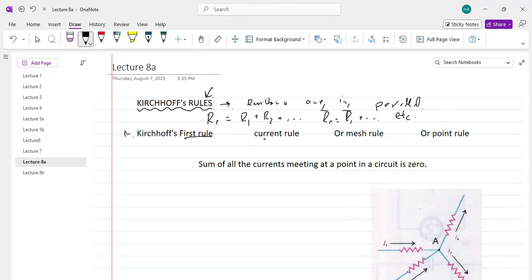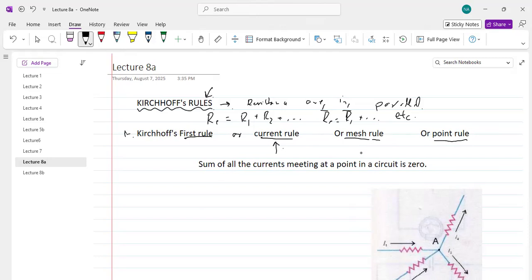First is the Kirchhoff first rule, or it is also called Kirchhoff current rule, or Kirchhoff's mesh rule, or sometimes it is also called Kirchhoff's point rule. Because currents are involved in this rule, this rule deals with the currents flowing in the circuit, so sometimes it is called current rule.